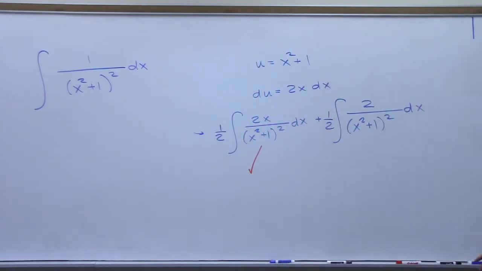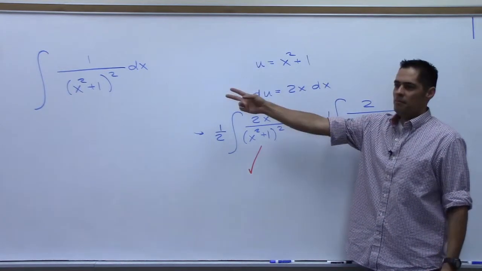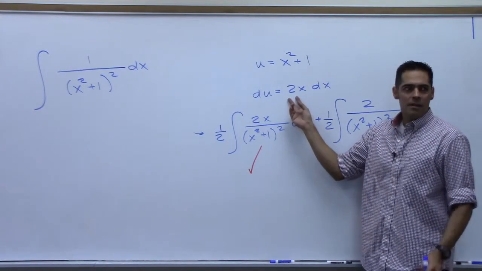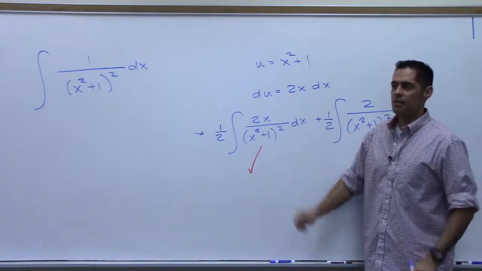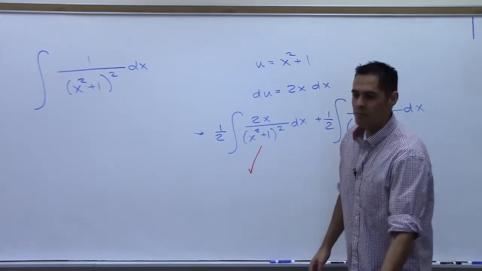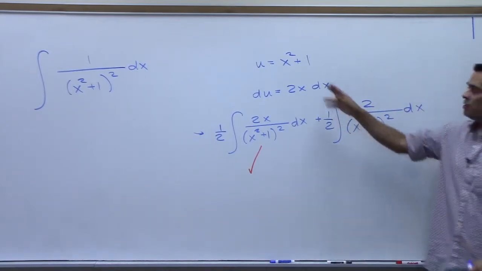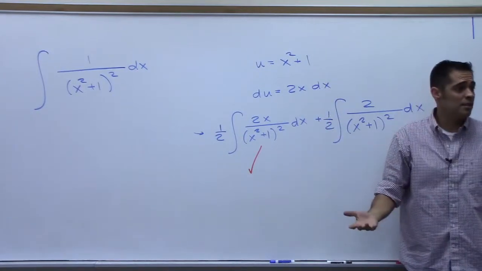I don't see du anywhere, though. If I let u be the bottom, what's in the parentheses, then du's not here. Trig sub. That's it. It's a trig sub. Good. But that's a weird trig sub. But do you understand why you can't do this? Because it's not up there. And then it really falls into no other category.